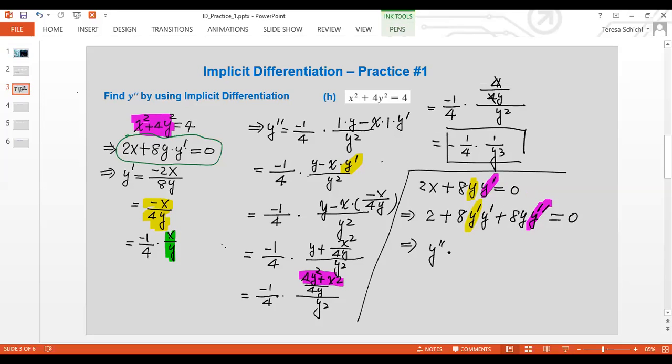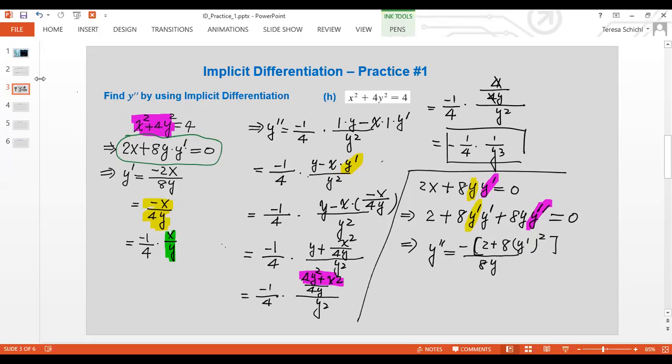The y double prime will be negative, this is 2 plus a y prime squared, all over ay. Then you can plug in what the y prime is. You will get the same solution here. Okay, so that's just a different way to do it.